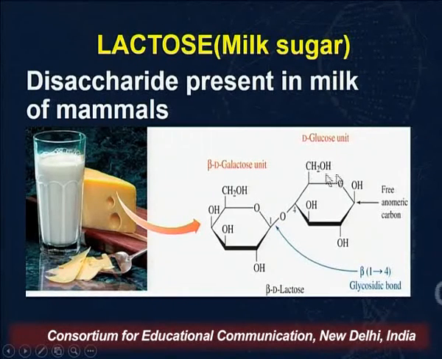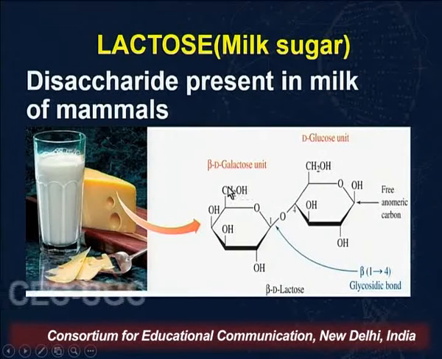We have not specified whether this glucose unit is alpha or beta, because here the orientation at the anomeric carbon may be different. In this case, the OH is on the top. So if the OH is on the top, that means this is a beta glucose unit, and if this OH was pointing downwards, it would have been an alpha glucose unit. Whereas this galactose is a beta.